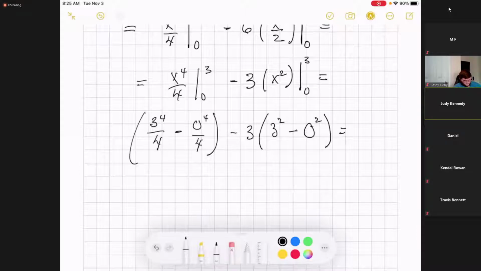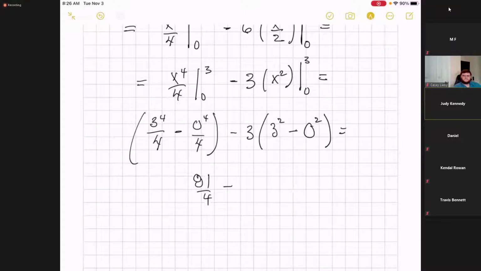And so that leaves us with 81 over 4. 3 to the 4th is 81. And then 3 times 3 squared, that's 3 cubed, so that's 27. I guess I'll do the arithmetic. What's 27 times 4? 108.